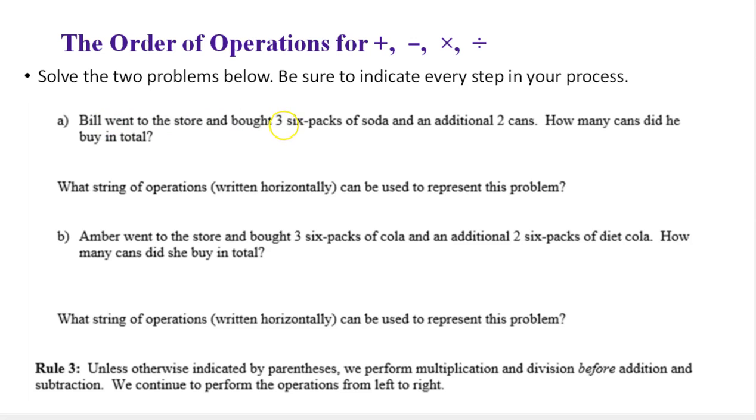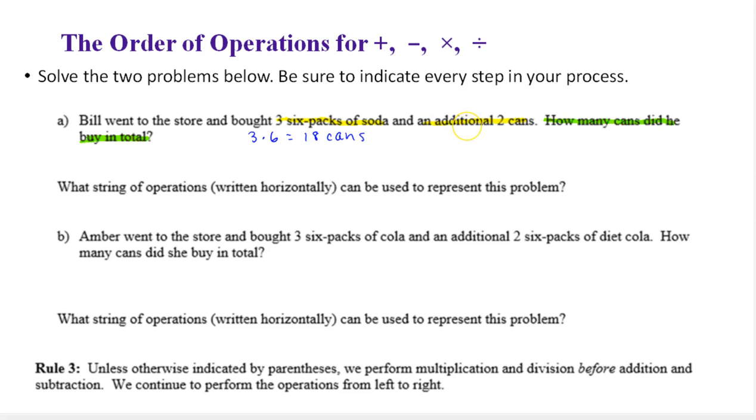Bill went to the store and bought 3 6-packs of soda and an additional 2 cans. And the question is, how many cans did he buy in total? So we can start by saying, well, we have 3 6-packs of soda. So if we multiply the 3 times 6, that would give us the 18 cans in the 6-packs.